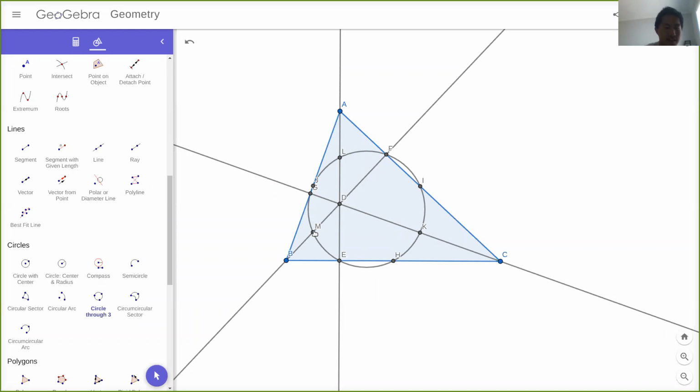Okay. And Shreen actually noticed this quite a while ago. So why do all these 9 points lie on the same circle? And how do we relate this to other circles we know?